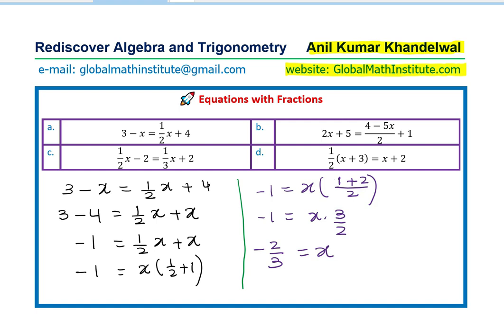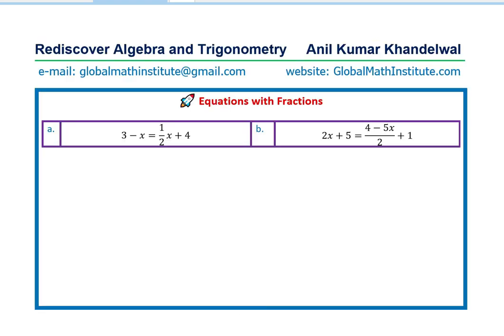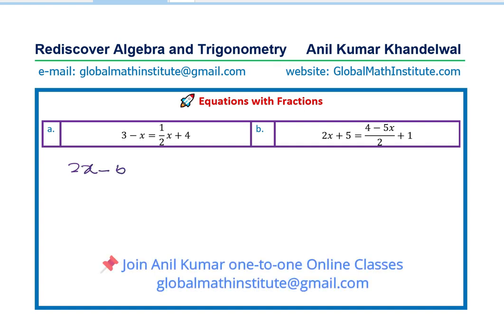Makes sense, right? Okay. So let's move on to the next part, which is 2x minus 5 equals to 4 minus 5x over 2 plus 1, right? There's no harm in bringing the numbers to one side, but you can straight away multiply by 2.